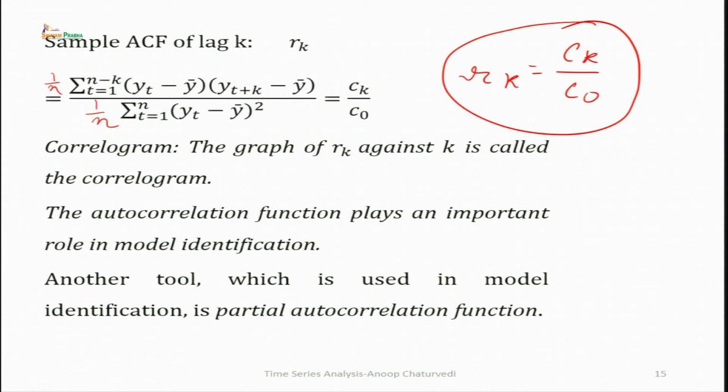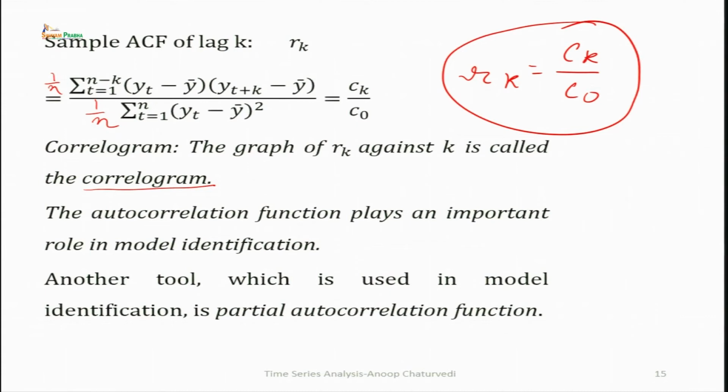Now, correlogram is the graph of Rk against k. The graph of Rk against k is called the correlogram. Now, this autocorrelation function actually plays a very important role in identifying a proper model for your time series. So, we use it for model identification.